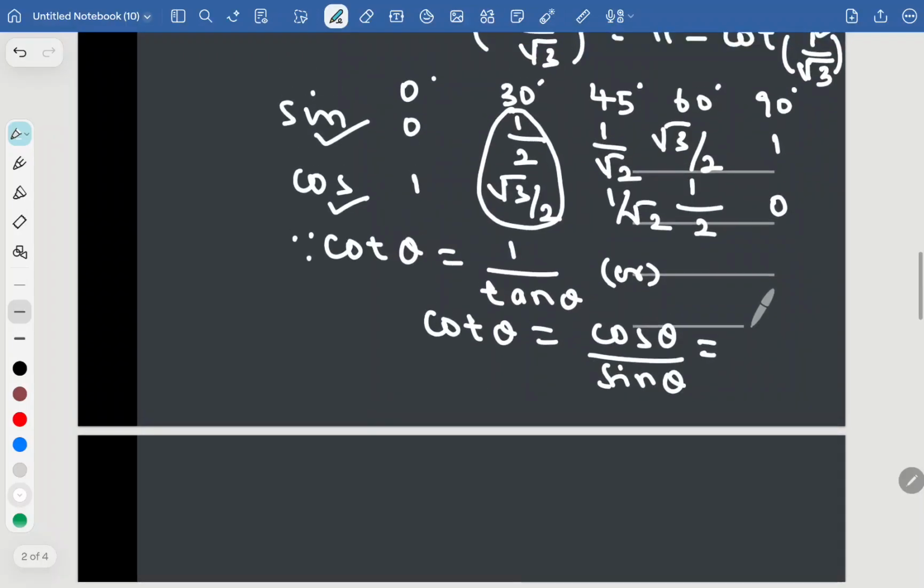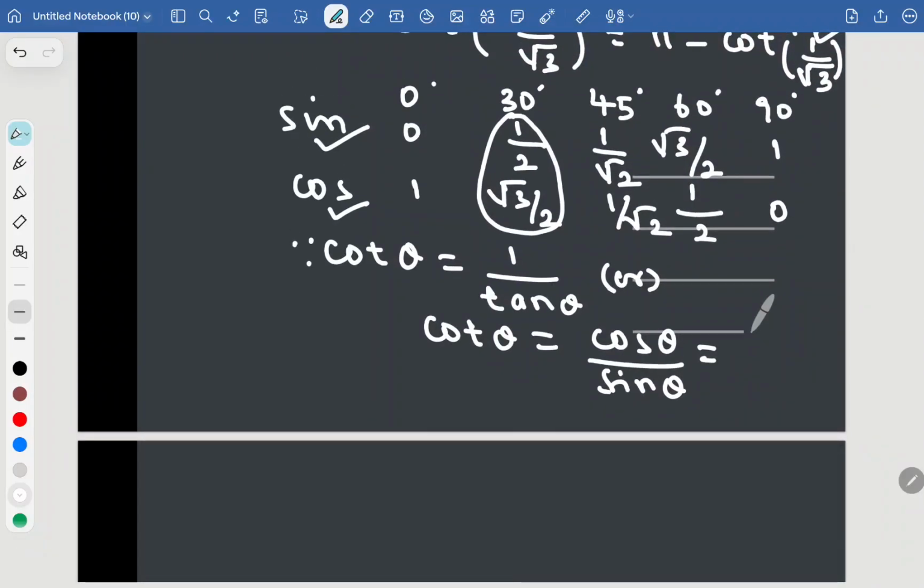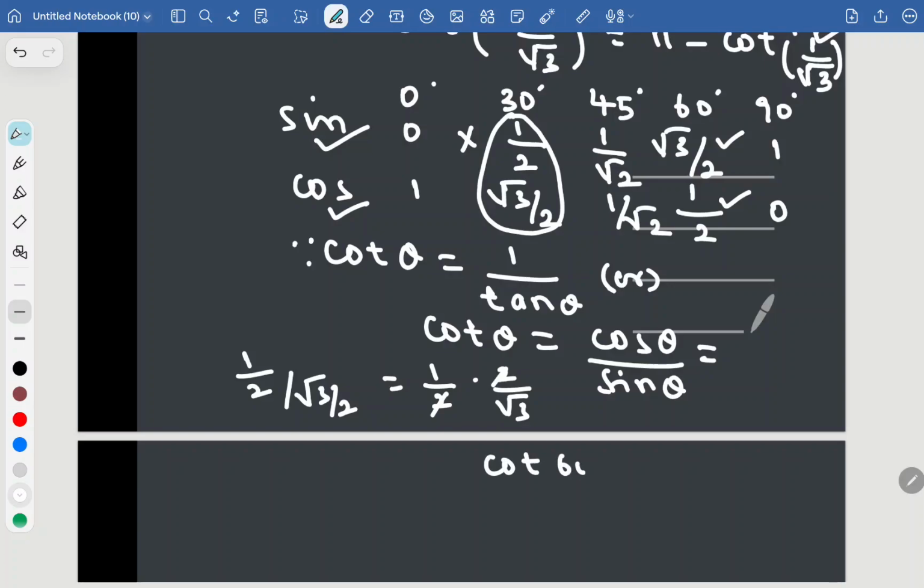Cot theta is cos by sin. See, there is an error. See here, cos 60 is 1 by 2, sin 60 is root 3 by 2. 1 by 2 by root 3 by 2, answer is 1 by root 3, 2 cancel. Therefore, not cot 30, it is cot 60.